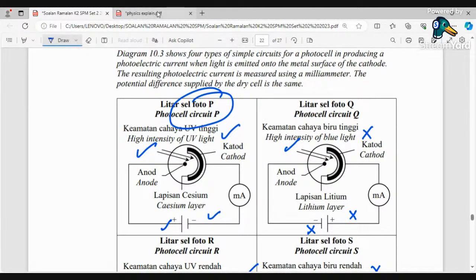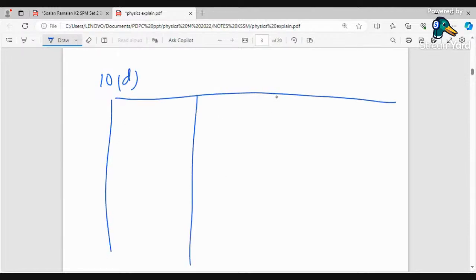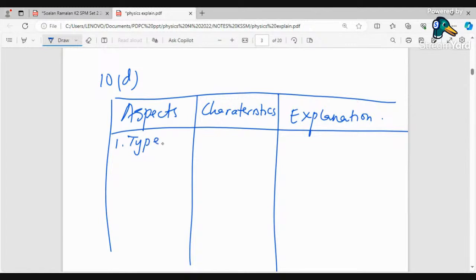Okay, sama macam tadi saya tunjukkan, you all gunakan table. Okay, yang table untuk aspek tadi ya, tiga kolom. Okay, aspek, karakteristik, explanation. Okay, aspek yang pertama ialah type of light. Aspek yang kedua, intensity of light.